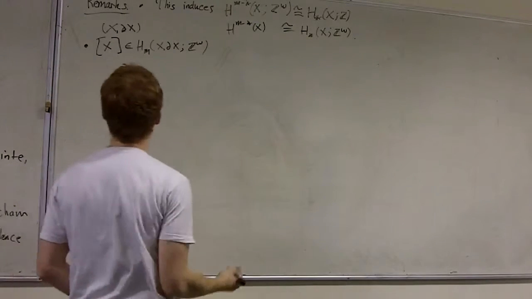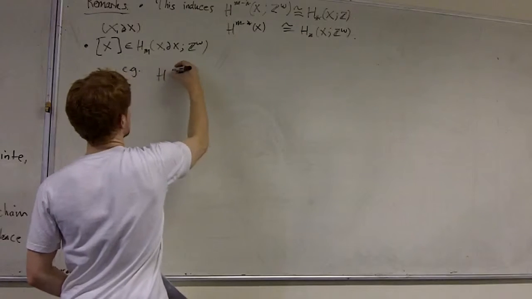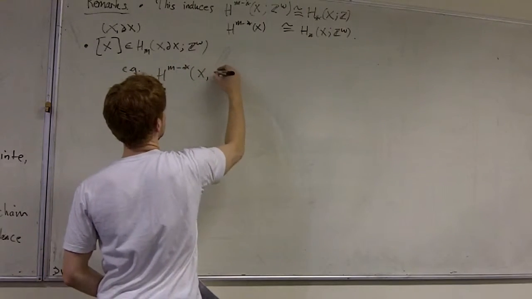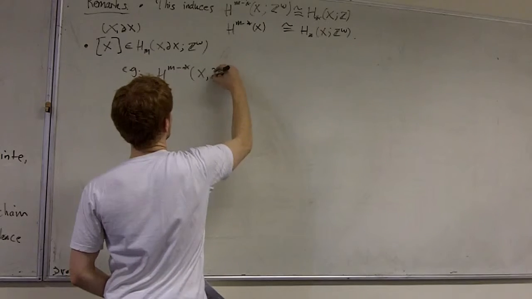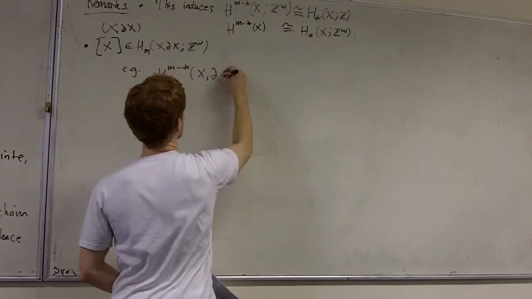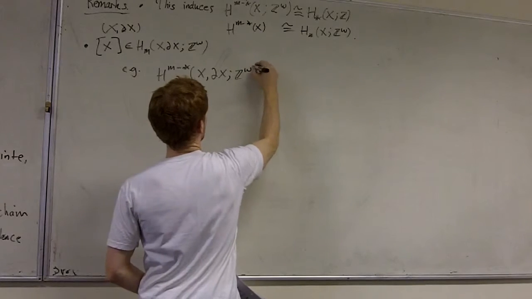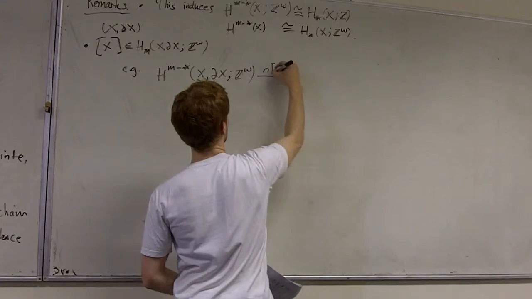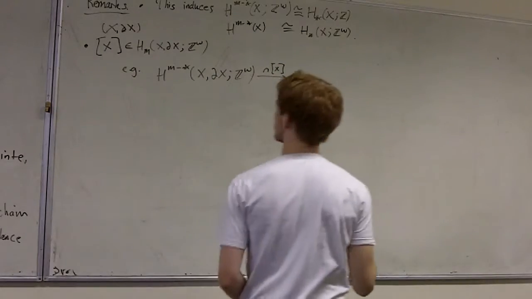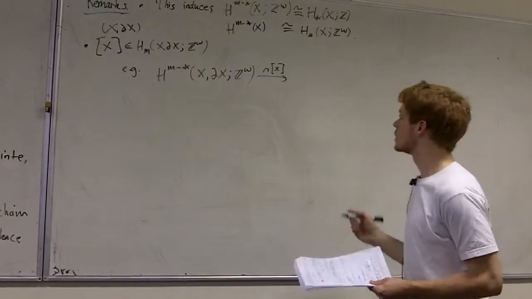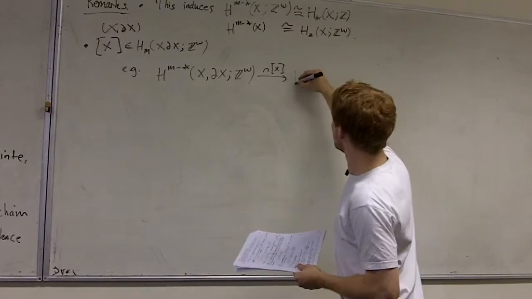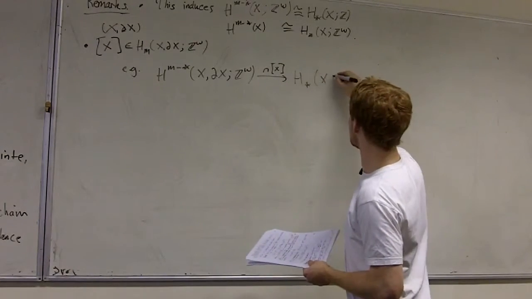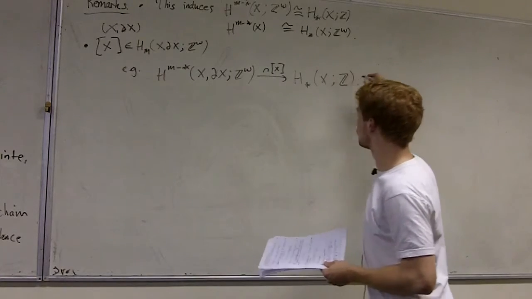So this will be capping with the class. This is going to give us some kind of Poincare-Lefschetz duality. So H star of X, and now I don't want to twist the coefficients.